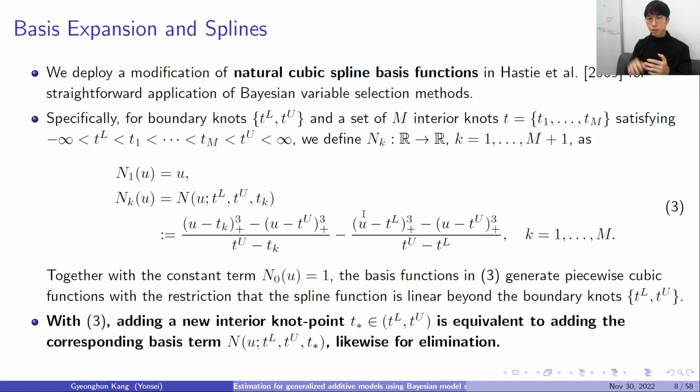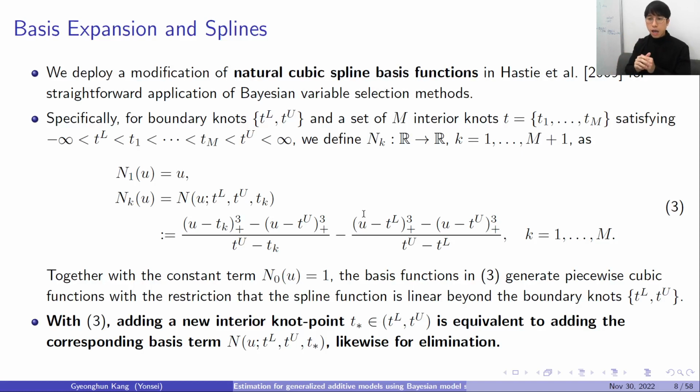and its benefits are twofold. First of all, if there is zero number of knots, then our function estimate reduces to a linear function. So our formulation of generalized additive models naturally encompasses partially linear models.